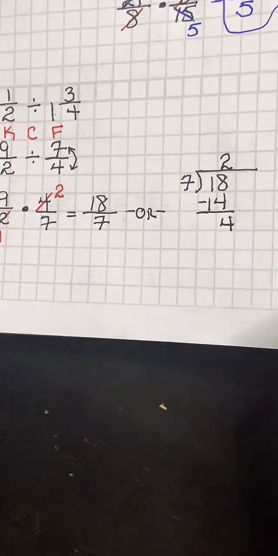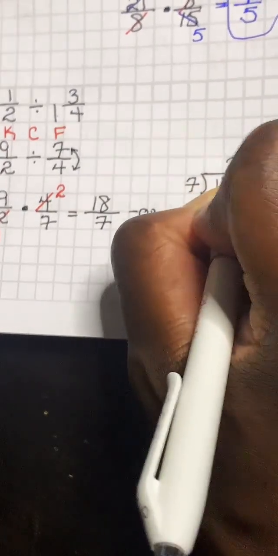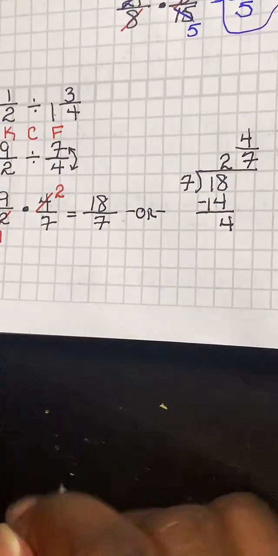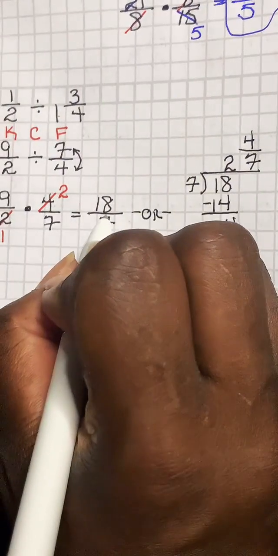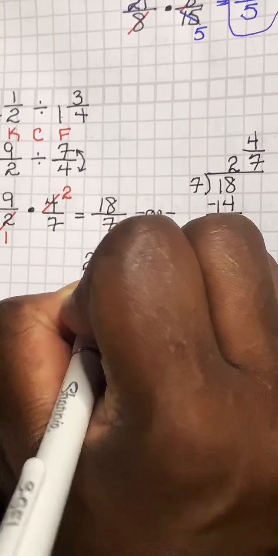So we don't have anything else to bring down. We don't have to add any zeros. So we got our 4/7. So you can either have an answer of 18/7 or 2 4/7.